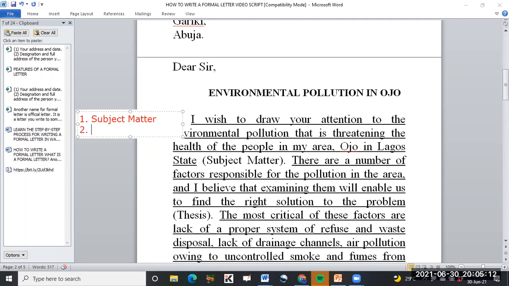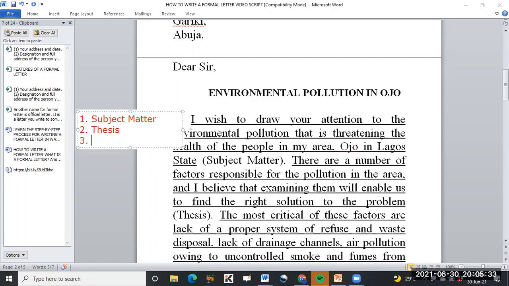Then after the subject matter, then of course, we have the thesis. The thesis is the main idea, the central message. I mean, the main idea or the viewpoint, if you like, the writer's viewpoint.